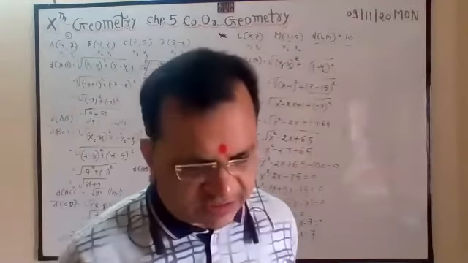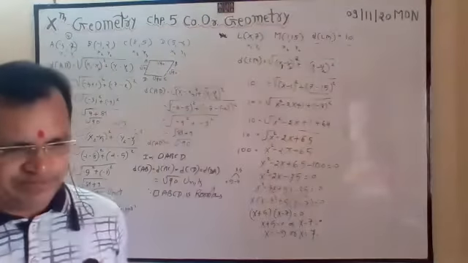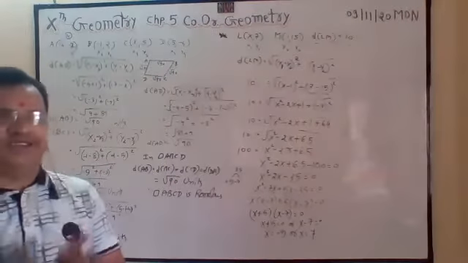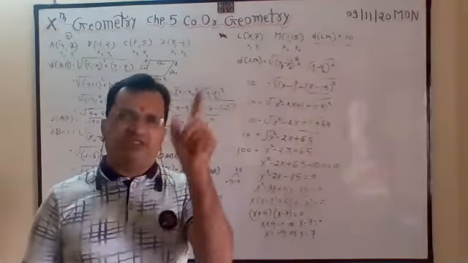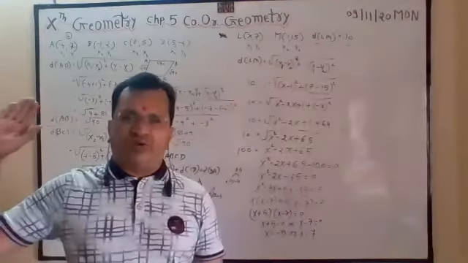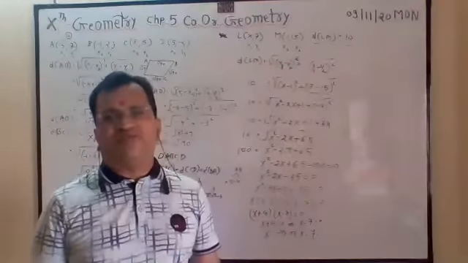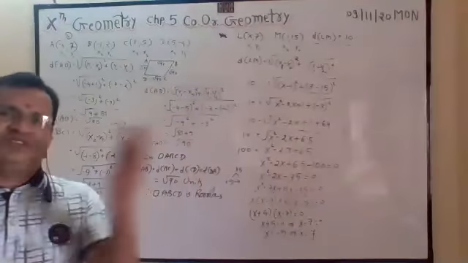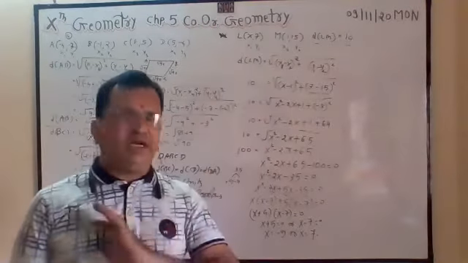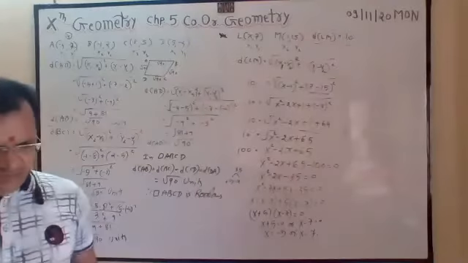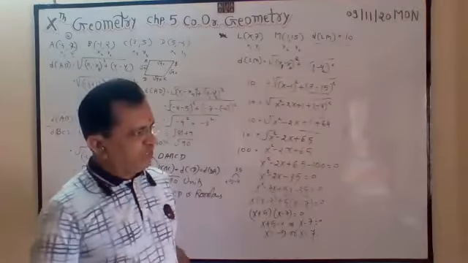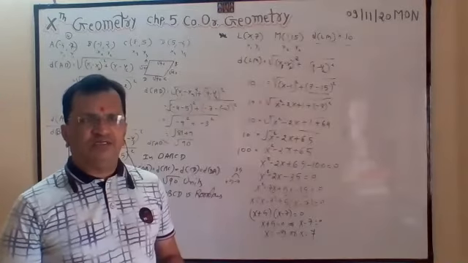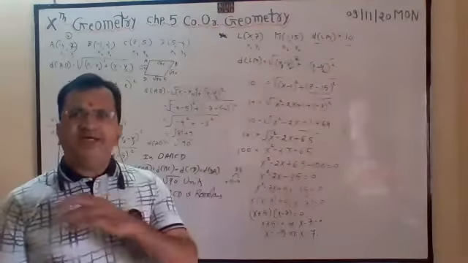Now, show that the points are the vertices of an equilateral triangle. In the first sum today we saw a right angle triangle: find three sides, the highest side square is equal to the sum of the squares of the rest of the two. Then a parallelogram: opposite sides are equal or the midpoints are common. Then a square: when all four sides are equal, it is a square.